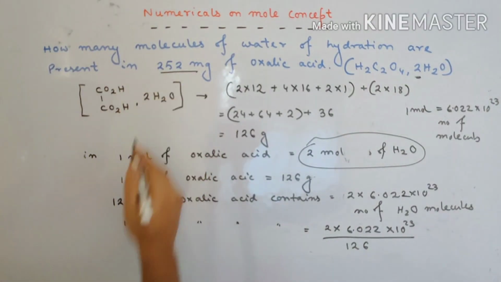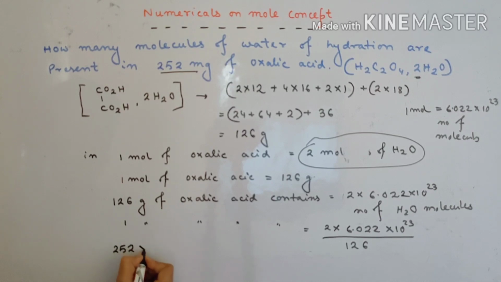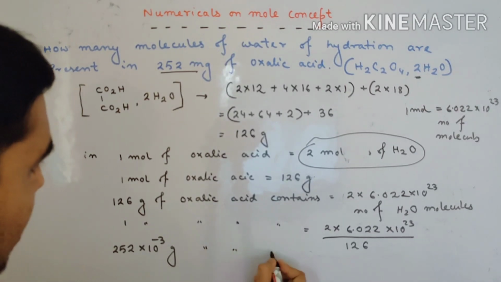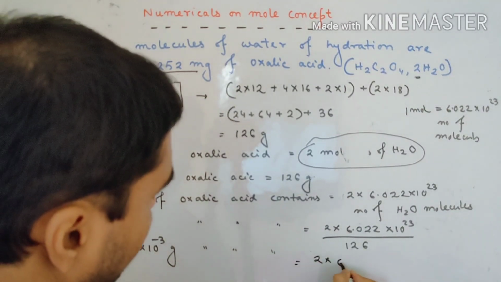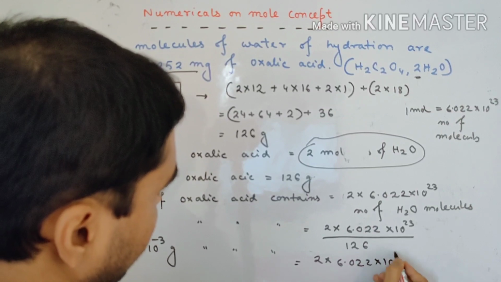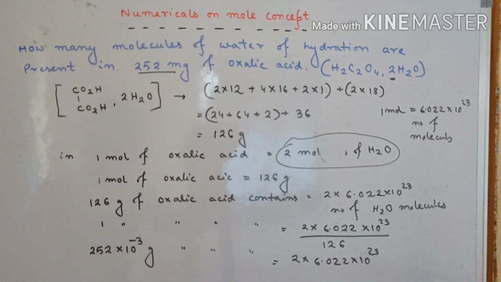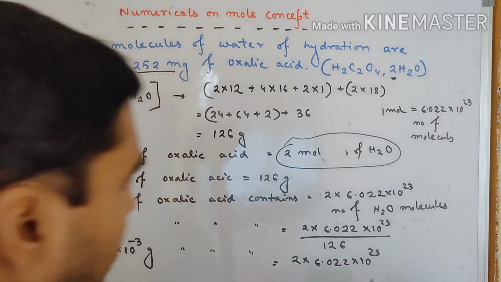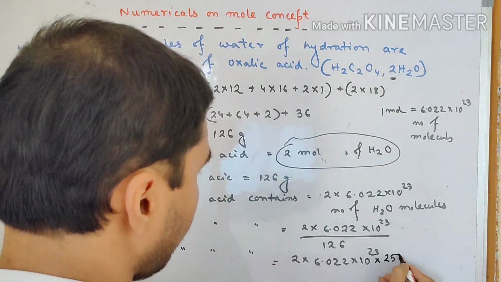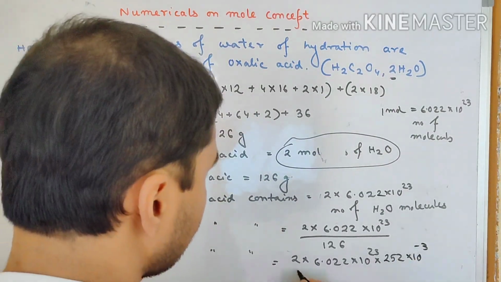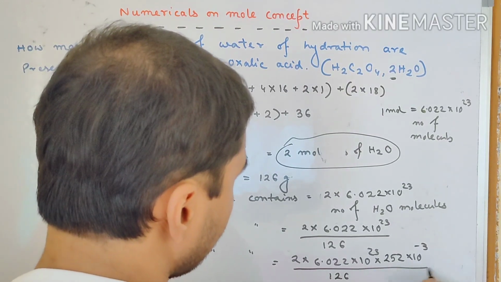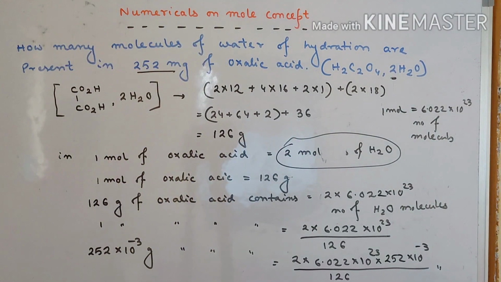And for 252 into 10 to the power minus 3 gram, because it is in milligram, of oxalic acid contains 2 into 6.022 into 10 to the power 23 multiplied by 252 into 10 to the power minus 3 divided by 126. As a result, we are getting the result.